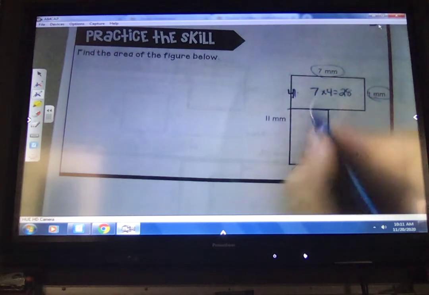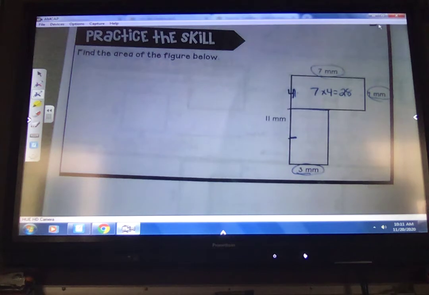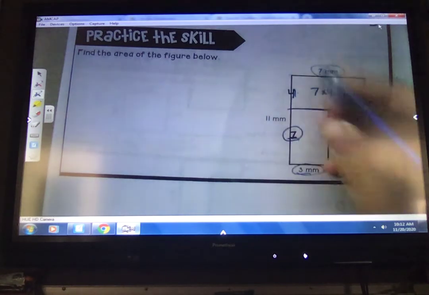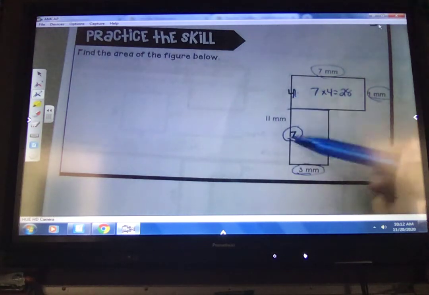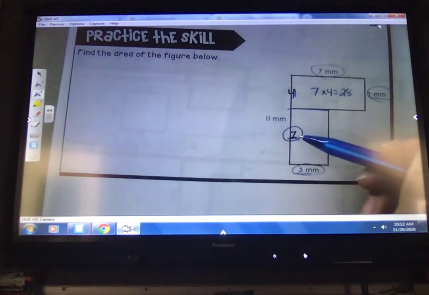4 and what would give me that 11? Well, 4 plus 5 is 9. That's not 11. 4 plus 6 is 10. That's not 11. 4 plus 7 is 11. So this side here would have to be 7, because 4 and 7 would give me that answer of 11. So the missing side now is 7.